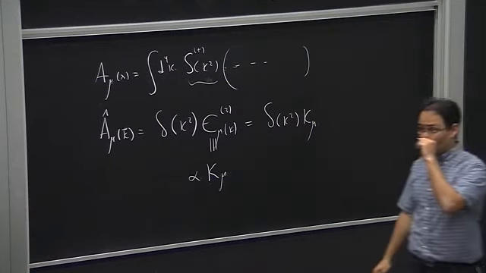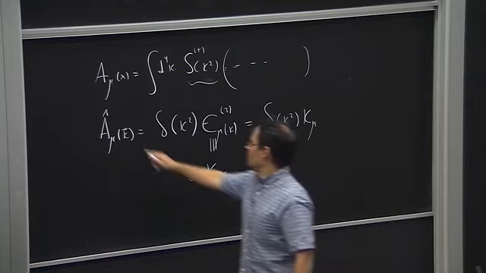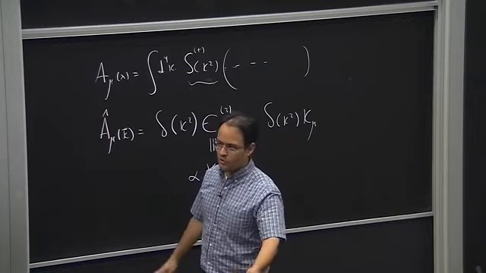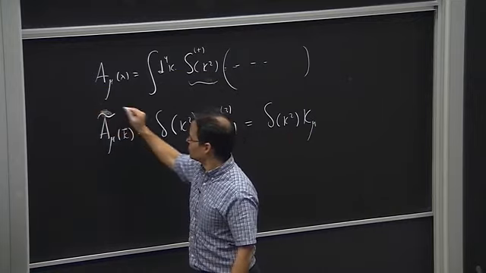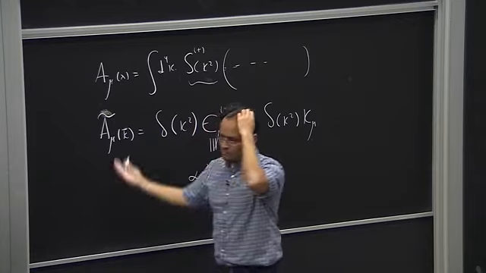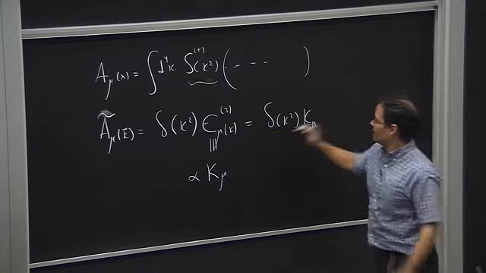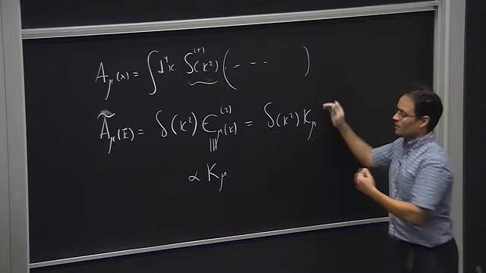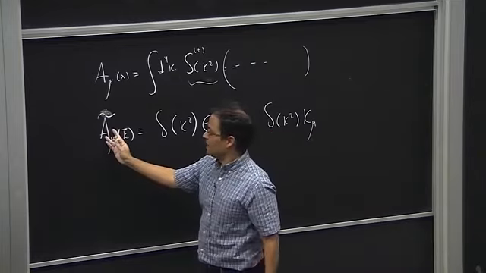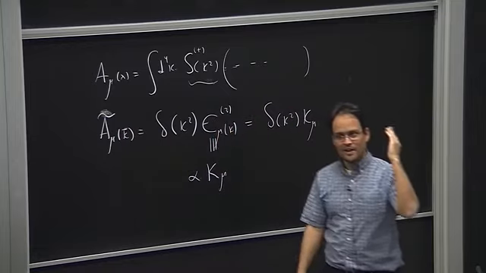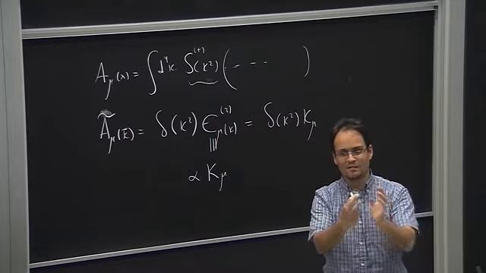Yes. The hat is what people usually use, or maybe people use tilde. Maybe tilde is more appropriate, or hat. Now I don't remember. In any case, this is the structure of the gauge field when we only excite that polarization.